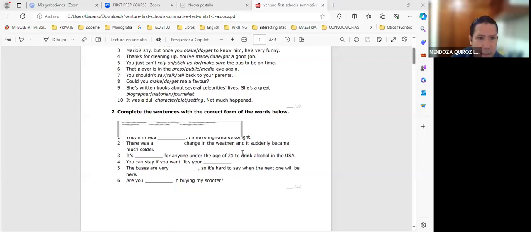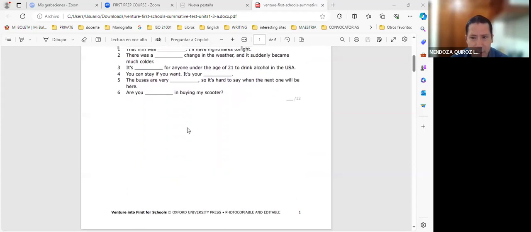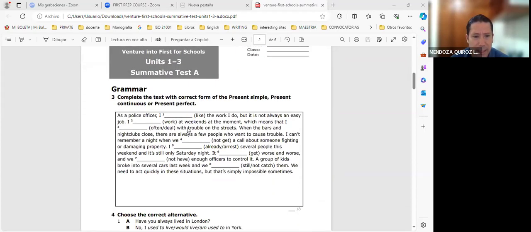We finished these two exercises. Now, if you cannot see it well here, you can open the Word document. But I think we have already finished that. So we are here, exercise 3. Don't worry, I'm going to upload this to a drive with the answers so you can have a chance to practice. Because we are working here in class, we're checking the exercises here, but they are in a drive, and the answers are there as well.